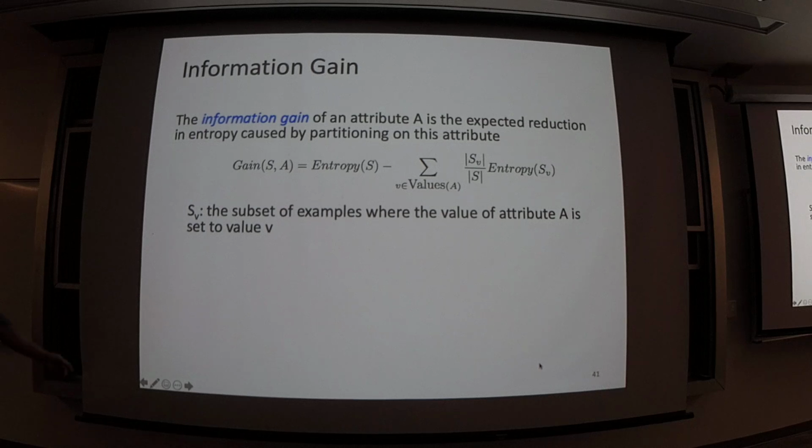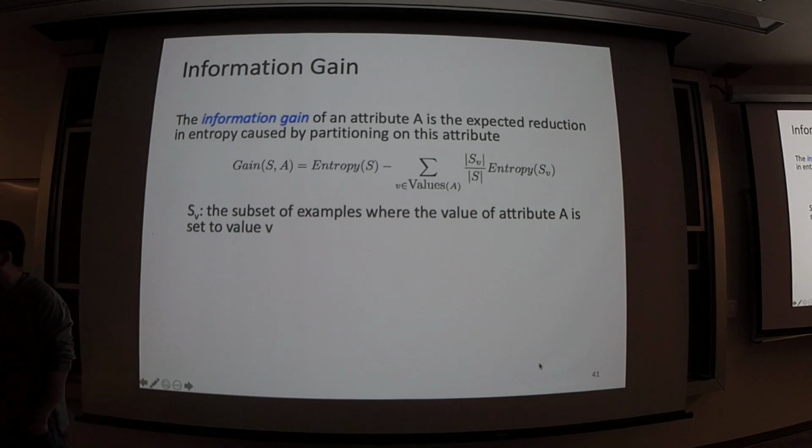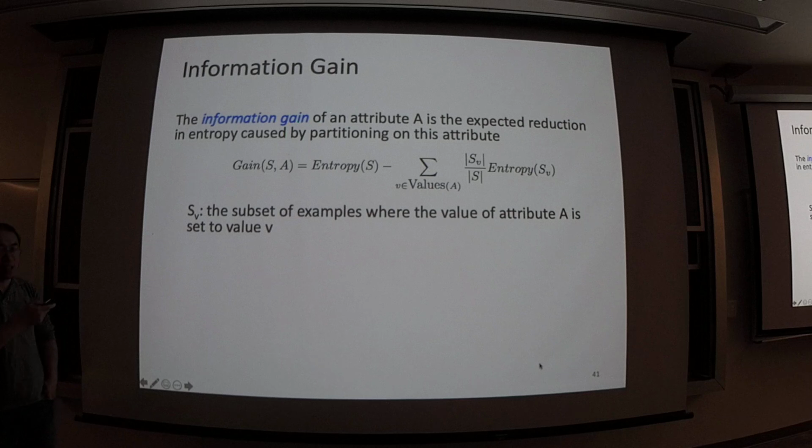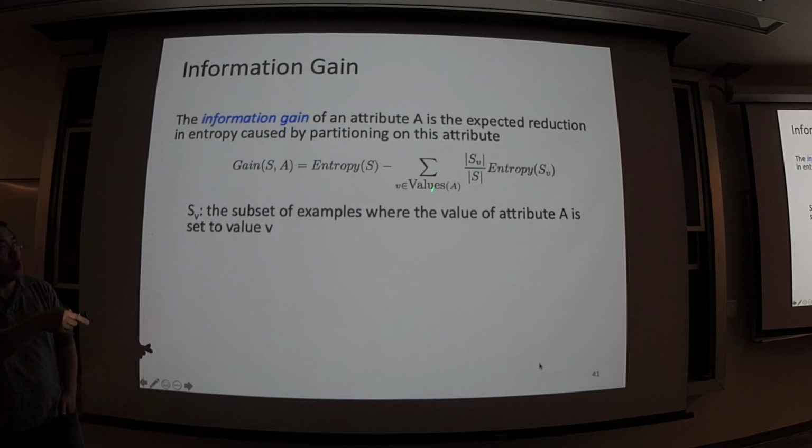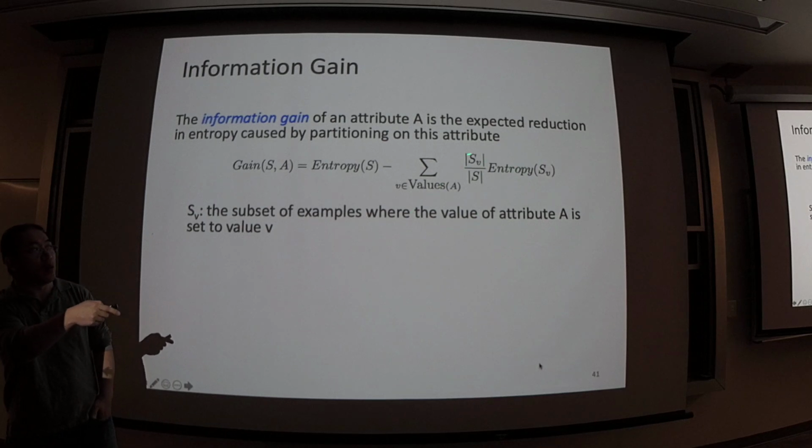It's defined as follows. To calculate the information gain for a specific attribute A, to split the data set S, I'm going to first calculate the entropy of the entire data set S. Then I use A to split the data set into several subsets, and for each subset, I can compute its entropy. Then I do a weighted average of this entropy according to the size of each subset.